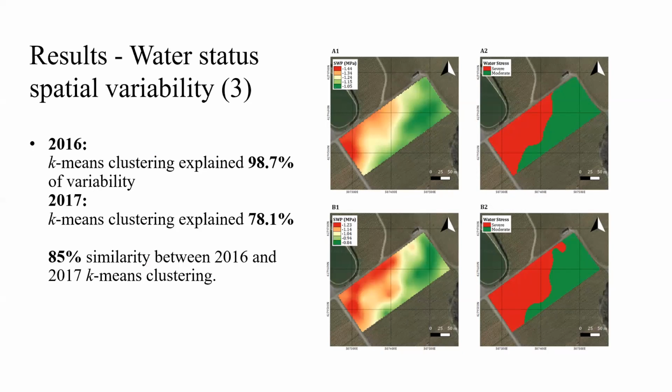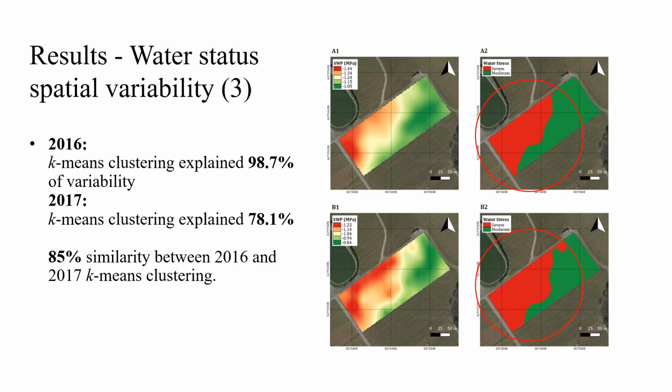And in 2017, k-means clustering explained about 78% of the variability. The two clusters from year 1 to year 2 had about 85% similarity. In 2016, the clustering map was 65% and 73% similar to the deep soil and shallow soil texture maps, respectively.